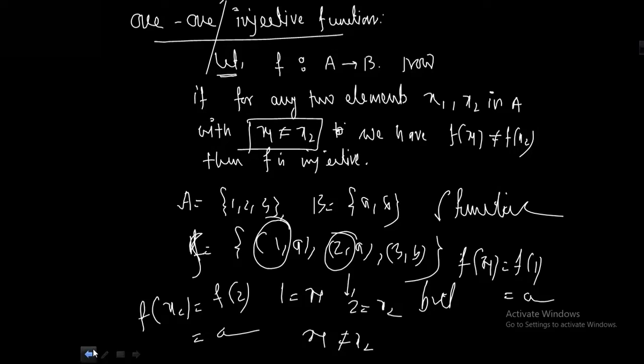So if you choose 2, if you choose 3, then both the images are 1. So that means two distinct elements are having same image. So the function is not 1-1.